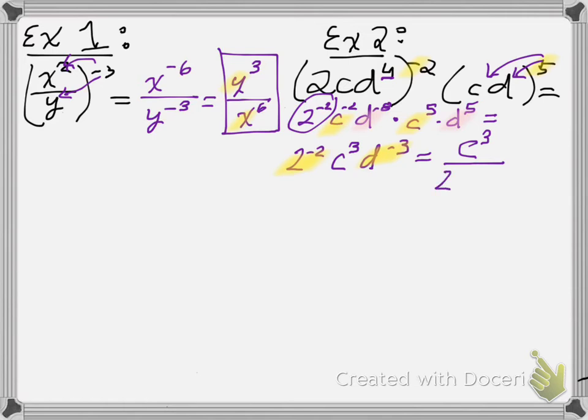And now my denominator will have a 2 squared times d to the 3rd. And the last thing I'll do is, I do know what 2 squared is. That's not too hard to do. 2 squared is 4. So this is c to the 3rd divided by 4d to the 3rd. And again, I can't really simplify between the c to the 3rd and d to the 3rd because those are different base values.